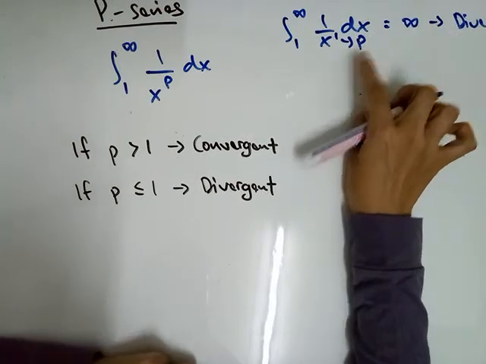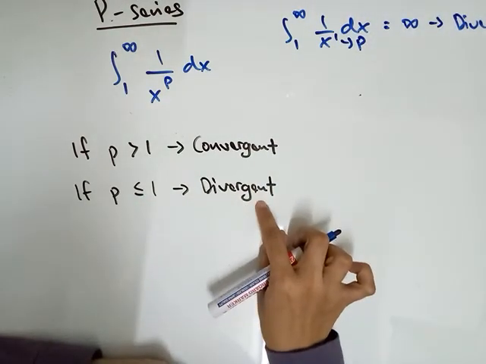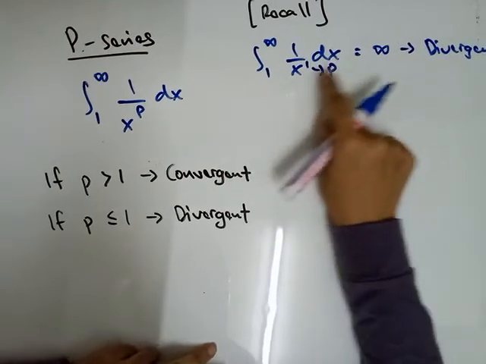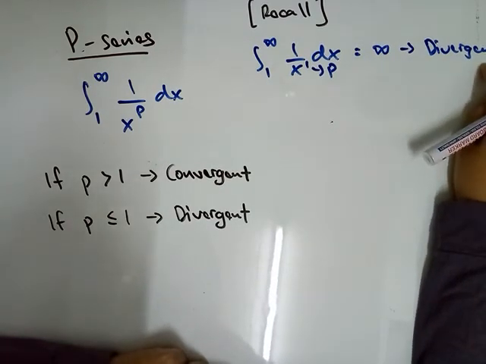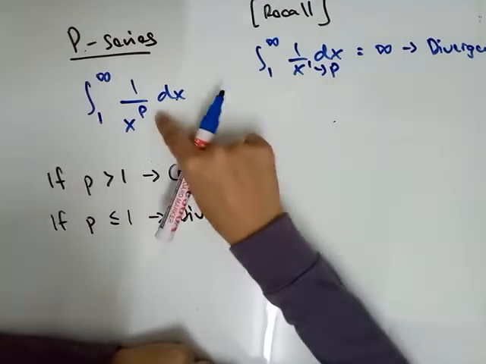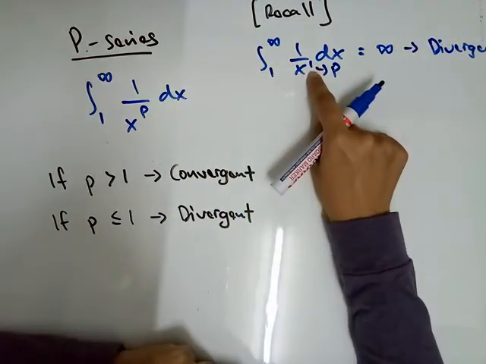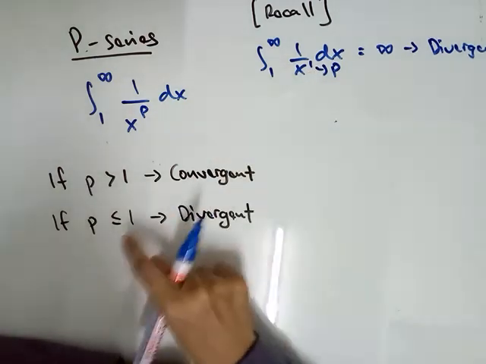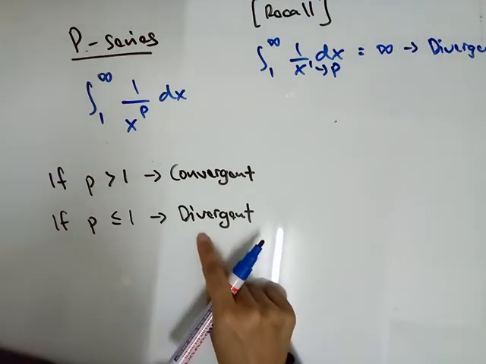If P is less than or equal to 1, we can say that this is divergent. Since we got infinity when we solved it, yes, it is divergent. We can check based on the P series here.